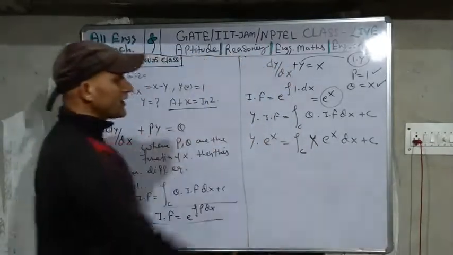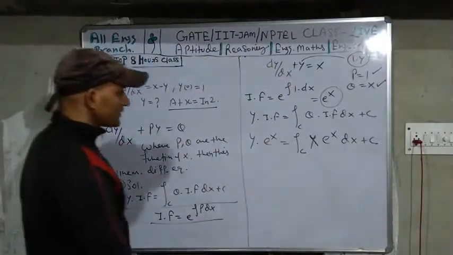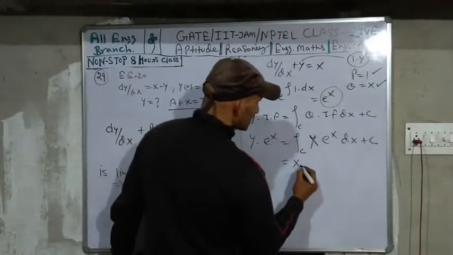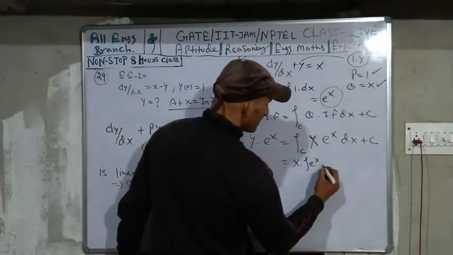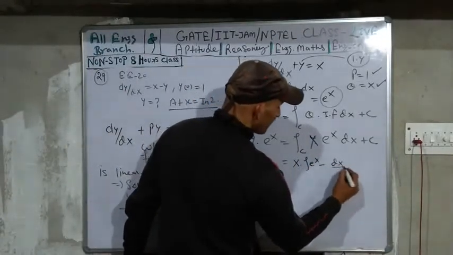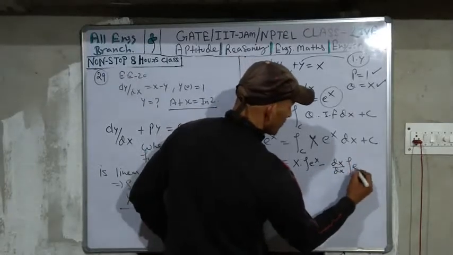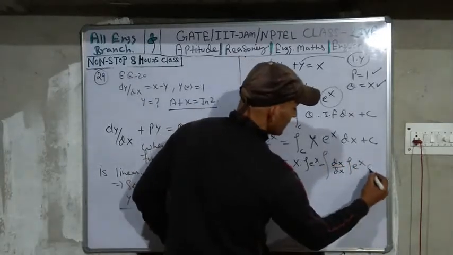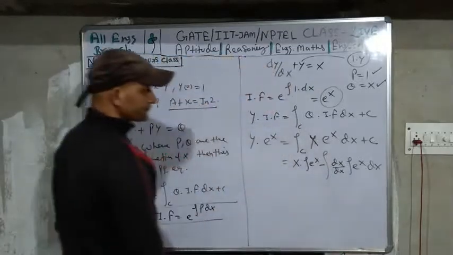Now you have to integrate x times e^x. So first function, second function, integration by parts: first function times the integral of the second, minus the integral of the derivative of the first times the integral of the second.